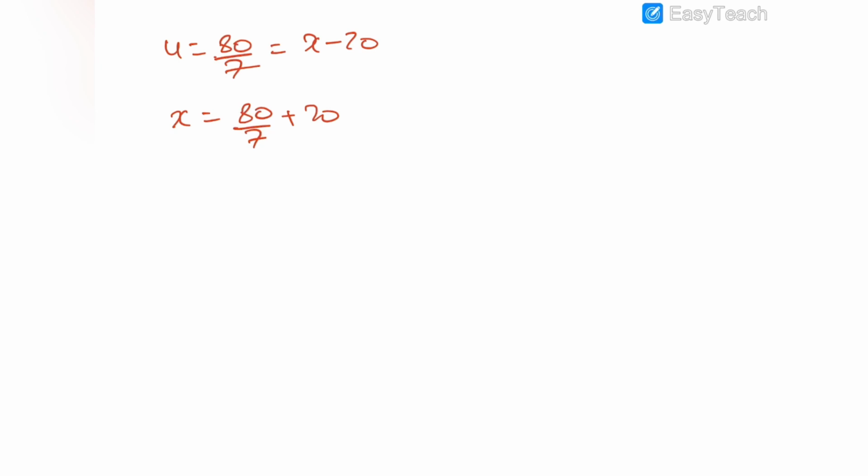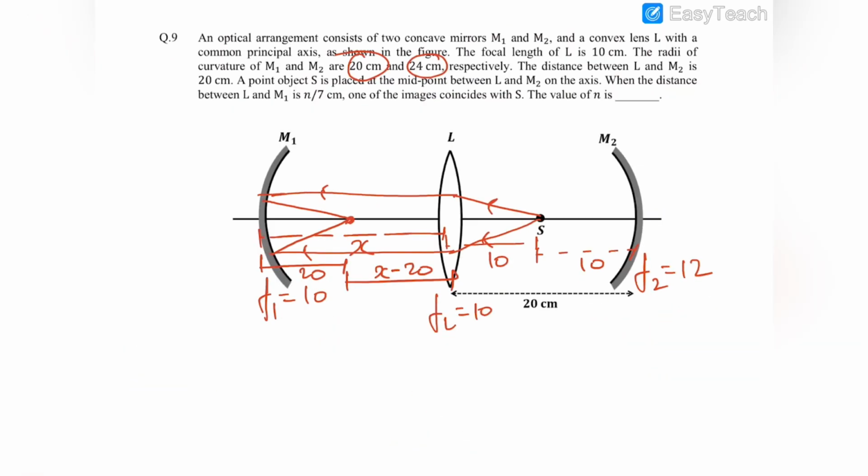Okay, so x would be equal to 80 by 7 plus 20, and this is 10, and this is 10, and this is also 10.